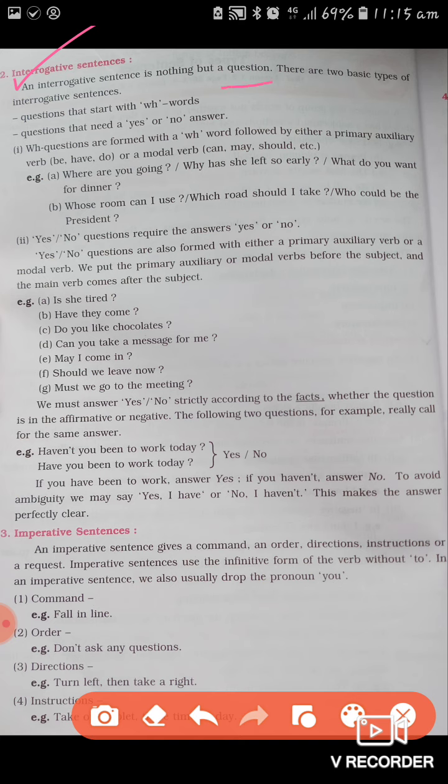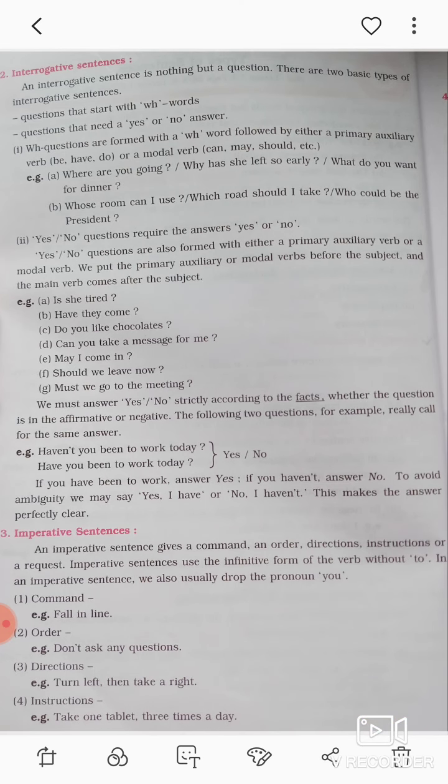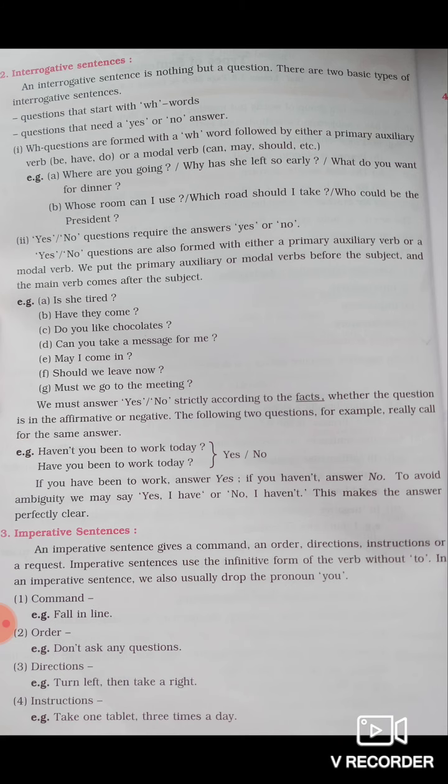There are two basic types of interrogative sentence: the question that starts with WH and the question that needs a yes or no answer. That is very easy. You can make out whether it is interrogative by these two types. Now WH type is formed with WH words, that is what, who, whom, whose, when.